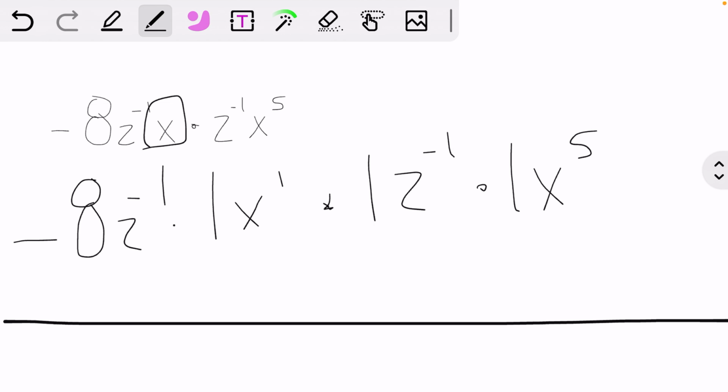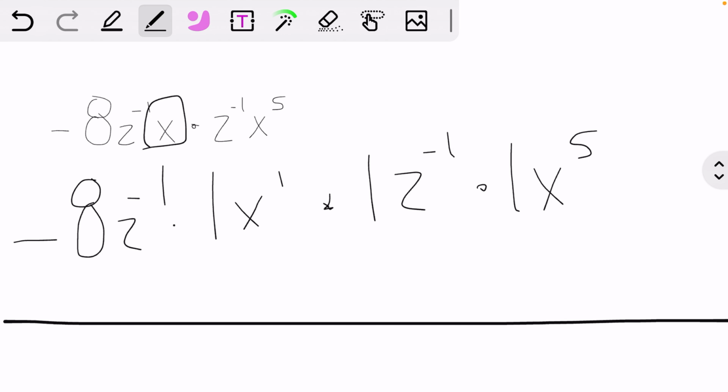So now that we have all of these monomials in their complete form with their coefficient, their variables, and the degrees associated with those variables, now all we have to do is just combine all of the like terms, right? So we got -8 times 1 times 1 times 1.